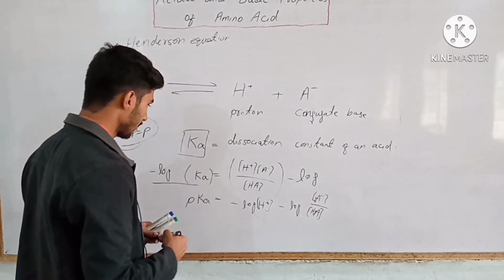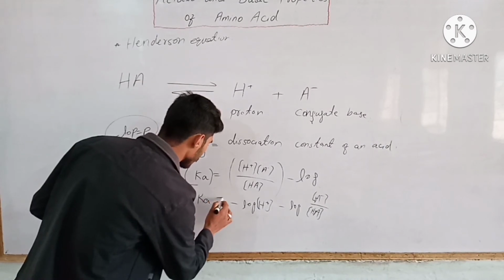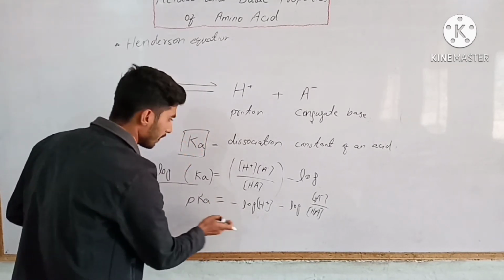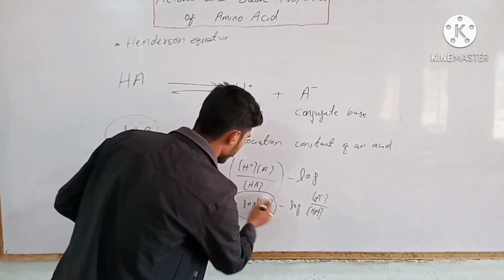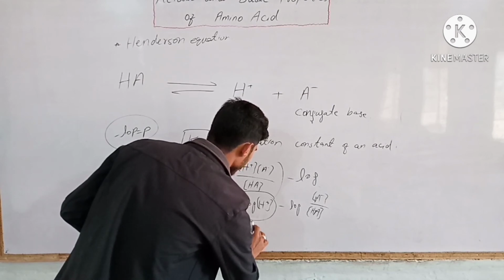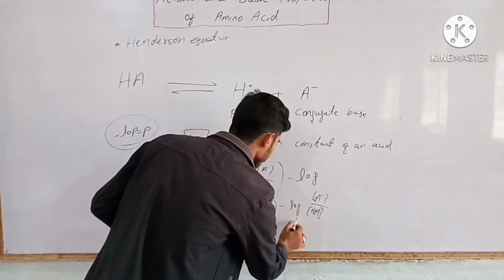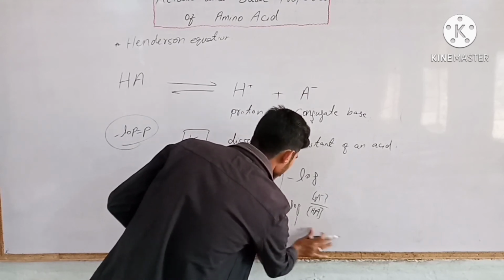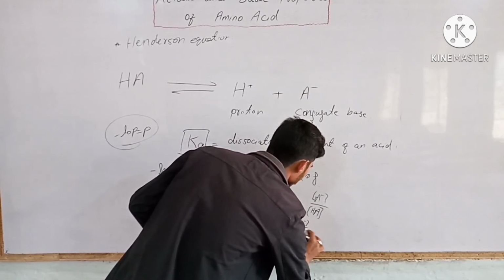Now this pKa is equal to pH minus log A negative over HA.